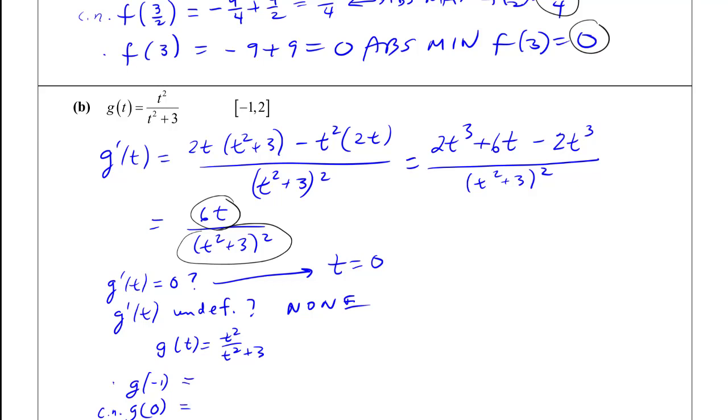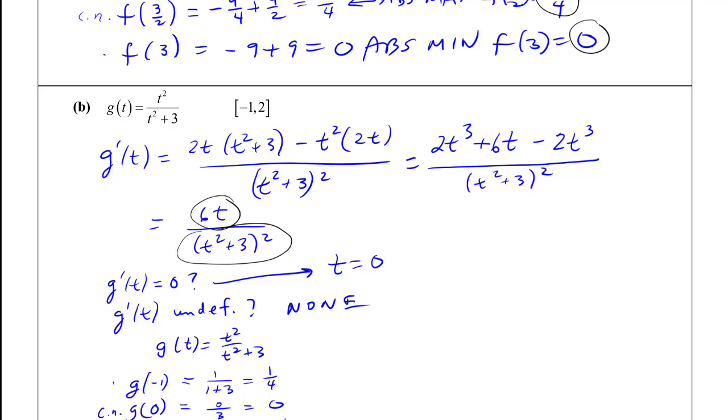All right, negative 1, I'll get 1 over 1 plus 3, I'll get a fourth. 0, I'll get 0 over 3, I'll get 0. And at 2, I'll get 4 over 4 plus 3, I will get 4/7.